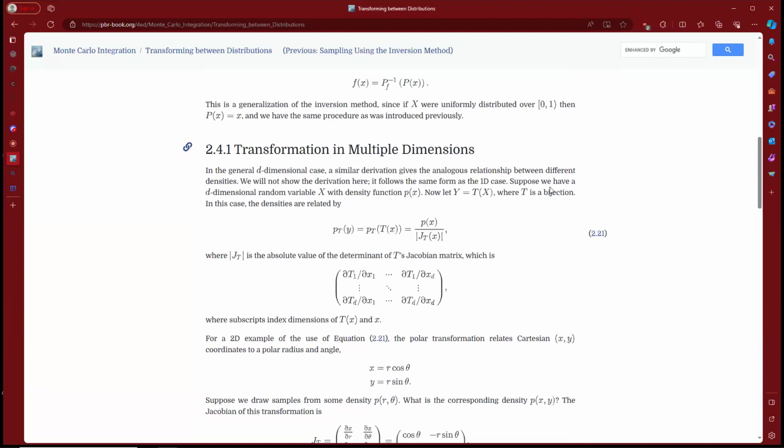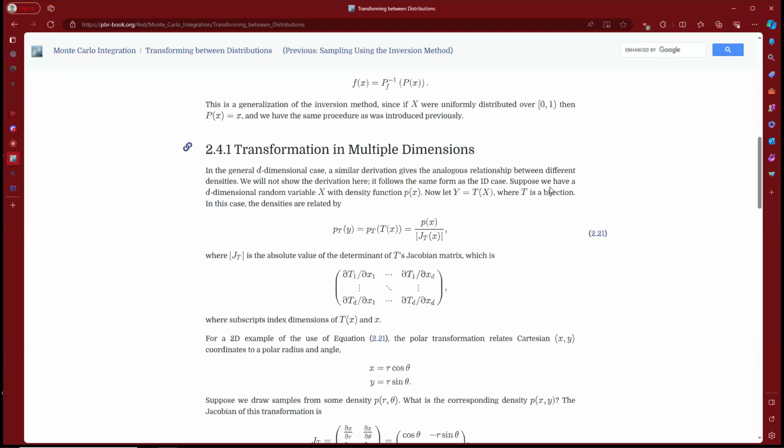All right, so we get to transforms in multiple dimensions. For the general d-dimensional case, a similar derivation gives the analogous relationship between different densities. Not sure of the derivation here. It follows the same form as the 1D case. Suppose we have a d-dimensional random variable x with density function p of x. Now we let y equal T of x, where T is a bijection.